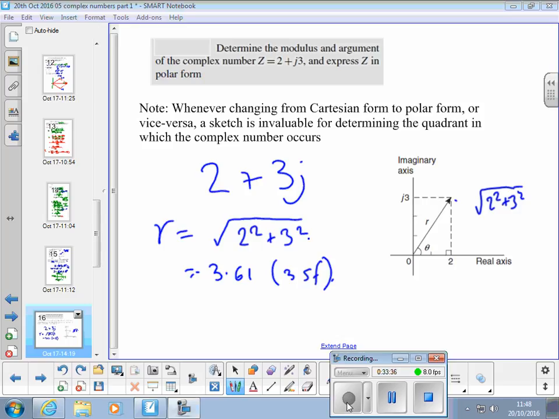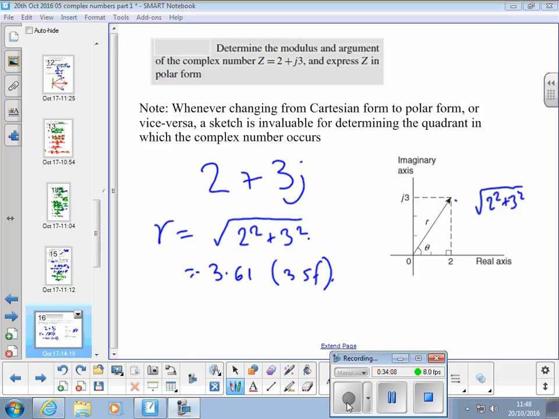All the j does here is help me to know that that's a vector in that quadrant. To find the length of that line, it's simply Pythagoras theorem like that. So it's 3.61 units long. The j term just helped me draw that diagram in this case.